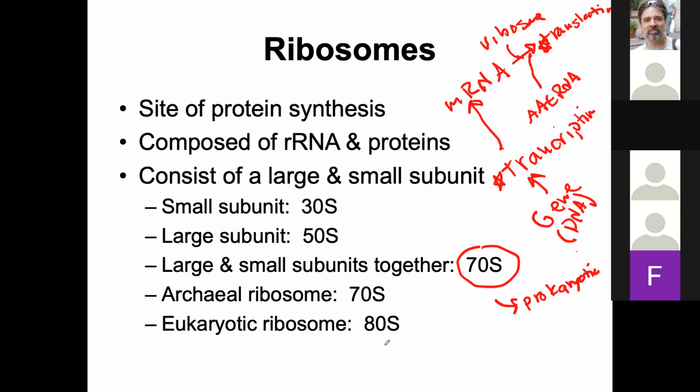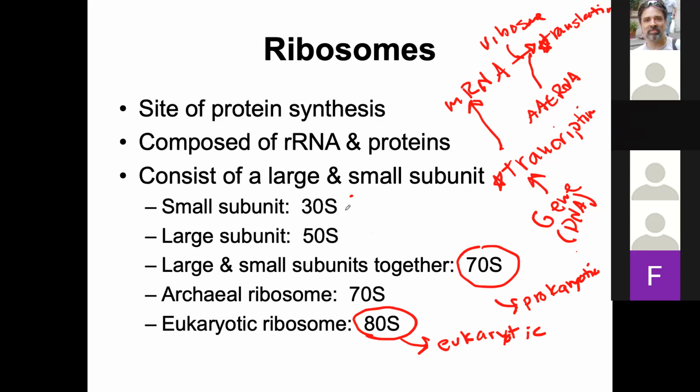The ribosomes in our cells are what are called eukaryotic ribosomes, and they are structurally different but functionally identical. You might think, well, the math doesn't add up here. 30 and 50 is 80, right? Well, this isn't a mass.